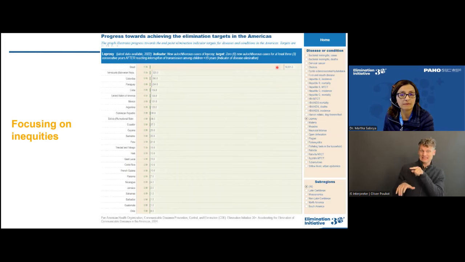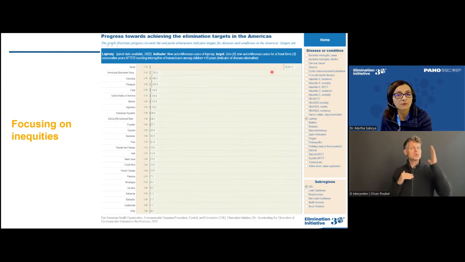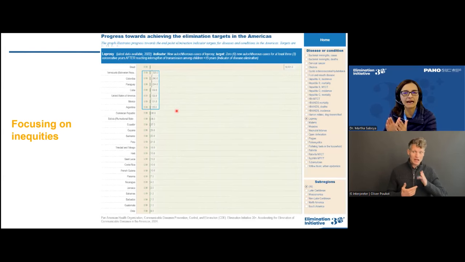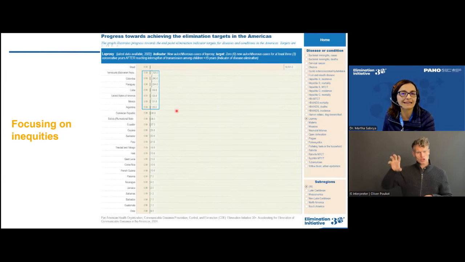We have the big majority of the cases occurring in Brazil, but suddenly from almost 20,000 cases in Brazil, we have a group of countries that have between 100 and 400 autochthonous cases of leprosy per year.